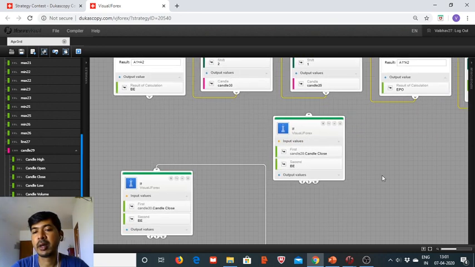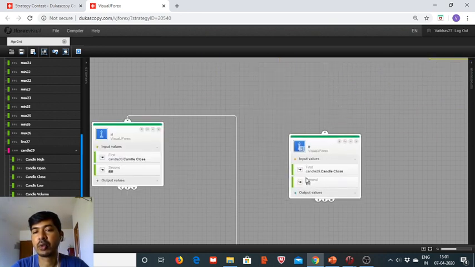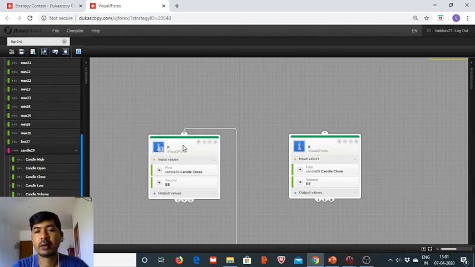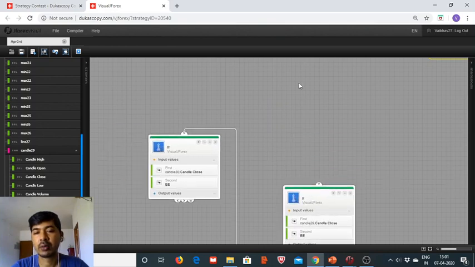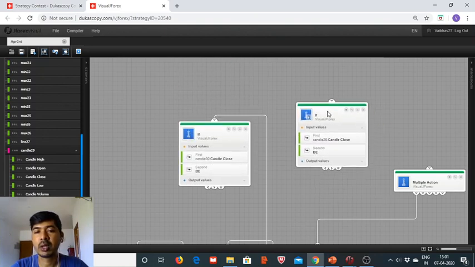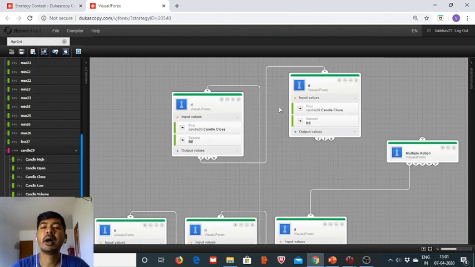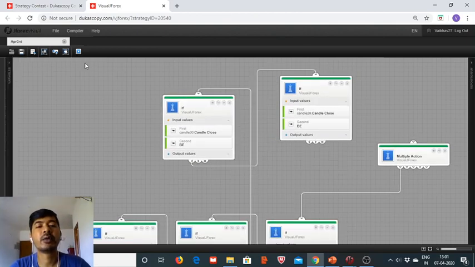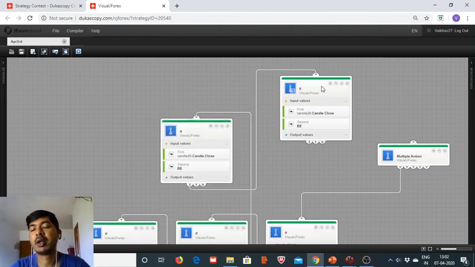So, and is going to be connected to the market open. So I hope you have now fairly got the idea of what we are doing here. Candle close of the 30 should be less, and then it should be greater. Now we have defined the requirements.